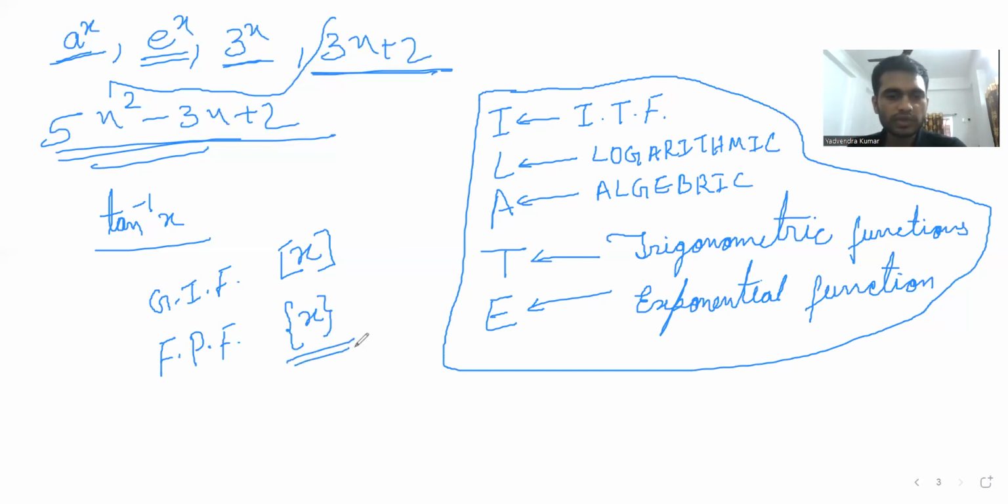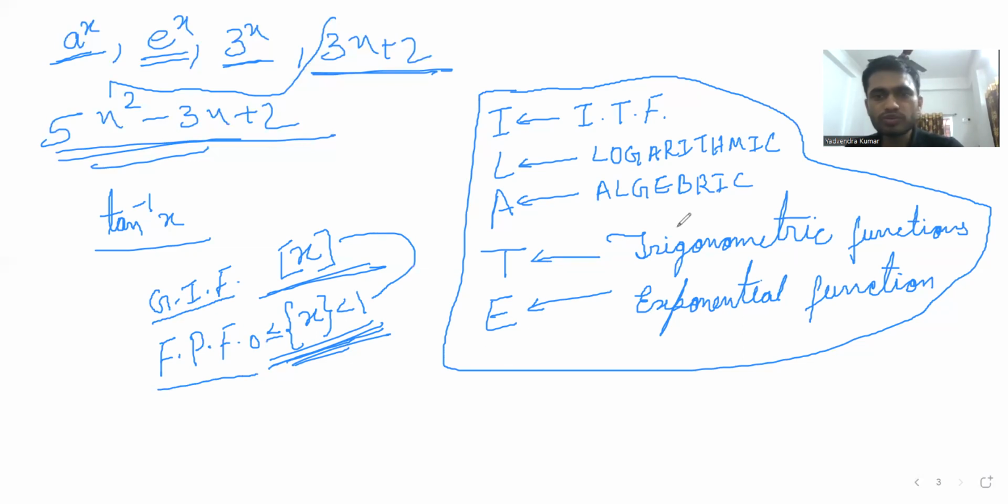We all know the fractional part function is greater than or equal to 0 and smaller than 1. We will discuss these in detail because they are important elements of a function, so we are not going to ignore them. Here I am just introducing them.